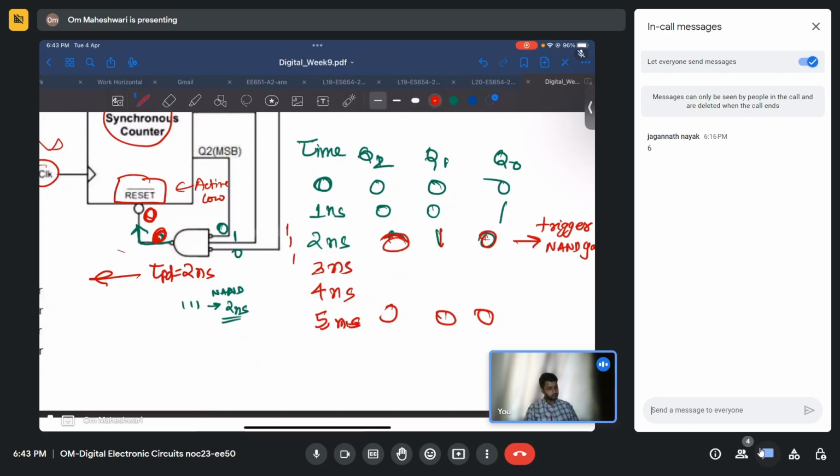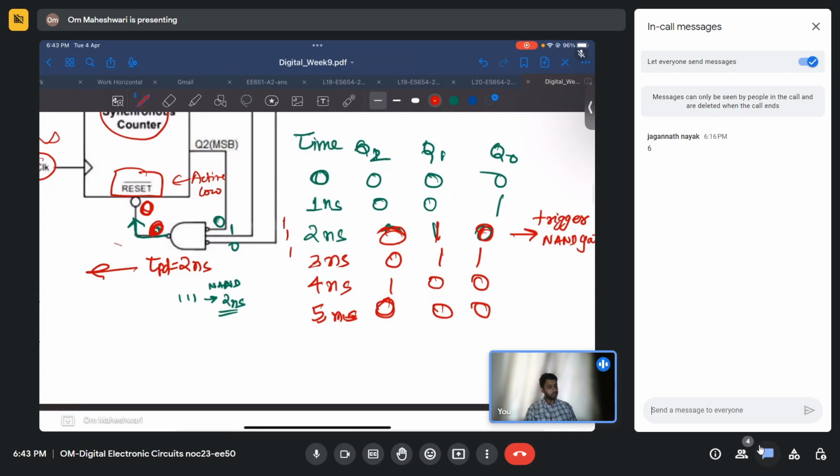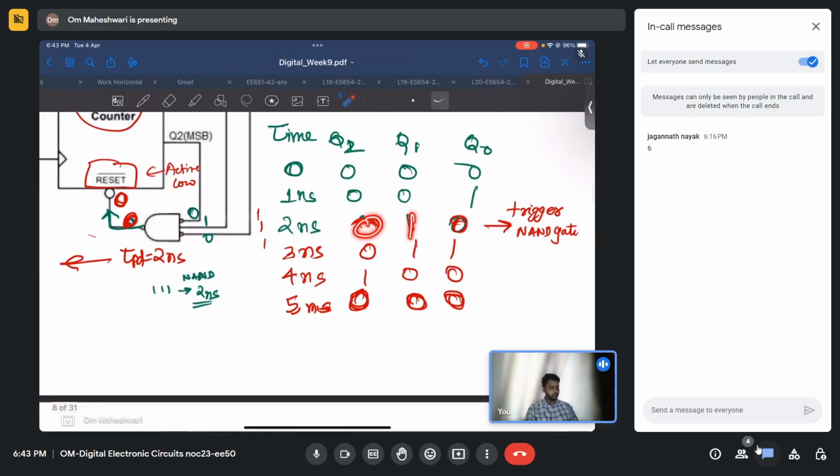This is 010, 011, 100. Then it will go to 000 again due to the delay of this NAND gate. If there was no delay, just after this 010 it would have gone to 000 at the next clock cycle. But due to the inherent delay of the NAND gate, it waits for 2 nanoseconds, and at the next clock it makes everything 000.